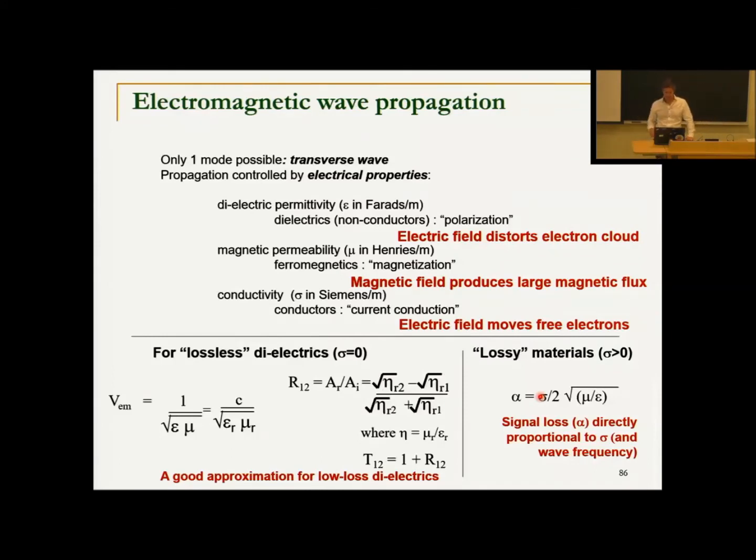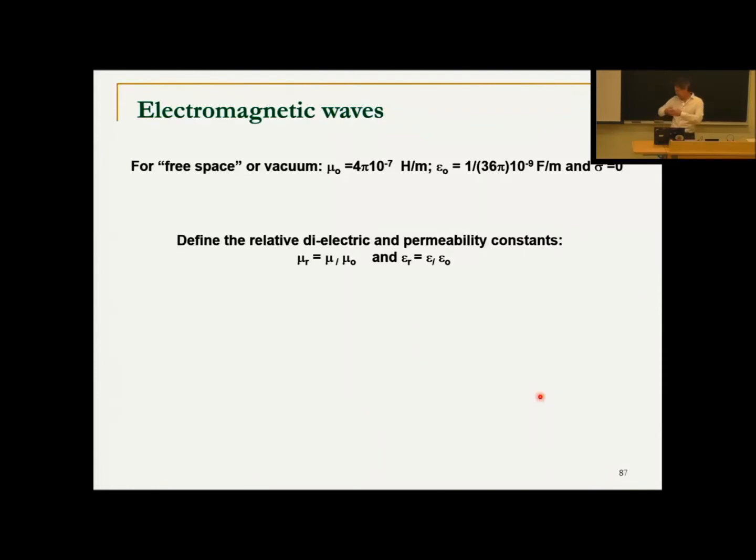Higher frequencies attenuate more. So we have an issue: this is a wave that can permeate into materials, but if that material is conductive, we lose a lot of the energy. And if the material is fully conductive, a conductor like a metal, it doesn't really propagate at all in that material.